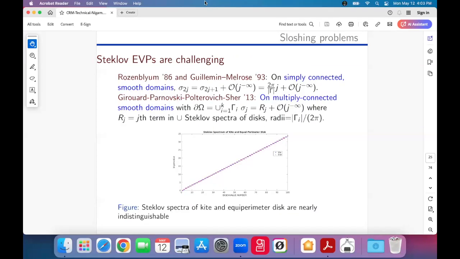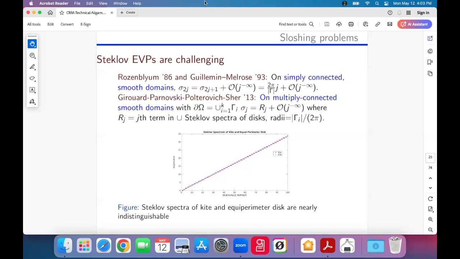It's worse than that. If you were interested in saying something about the Steklov eigenvalues of a domain, at least for smooth domains, there's this very nice result, and Alex is here in the room. The eigenvalues of smooth domains become nearly indistinguishable from those of a disk or sets of disks of the same perimeter.